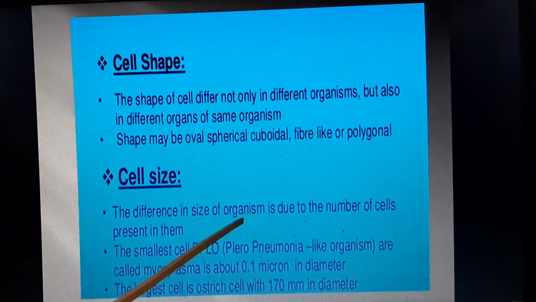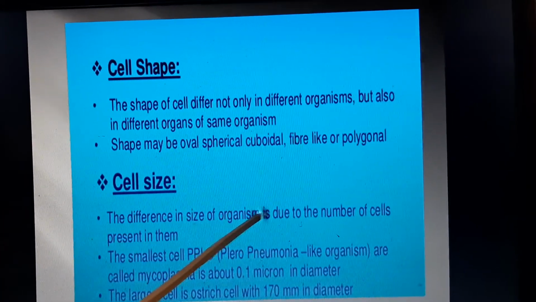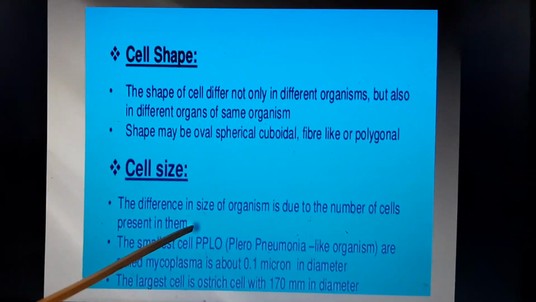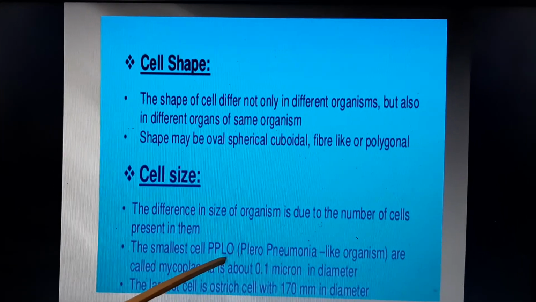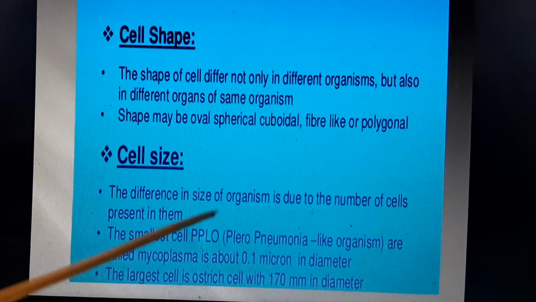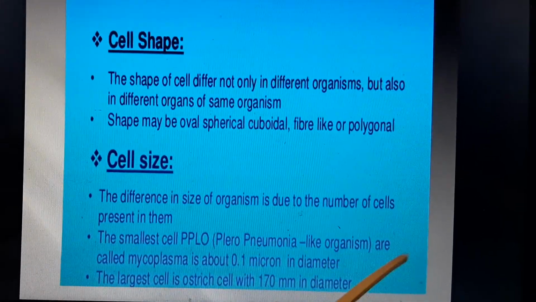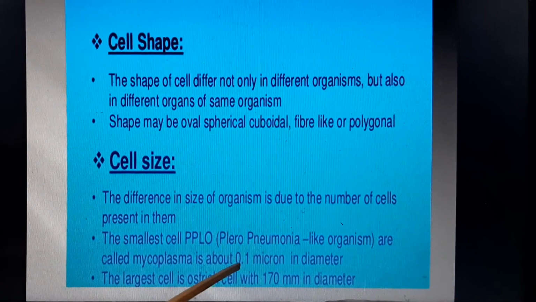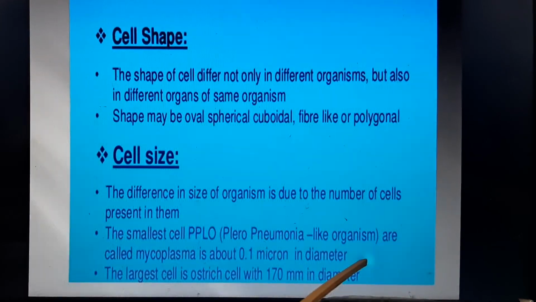Now we are talking about cell size. The difference in size of organisms is due to the number of cells present in them. The smallest cell is PPLO. Students, this question may be asked: what is the full form of PPLO? PPLO is pleuro pneumonia like organism, called mycoplasma, and this mycoplasma is about 0.1 micron in diameter.